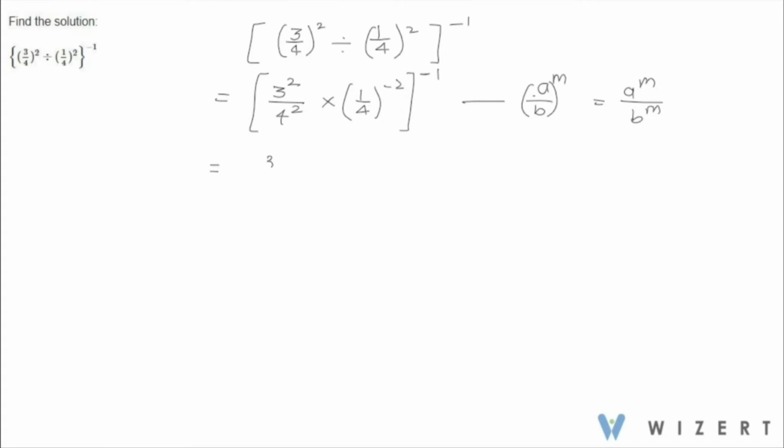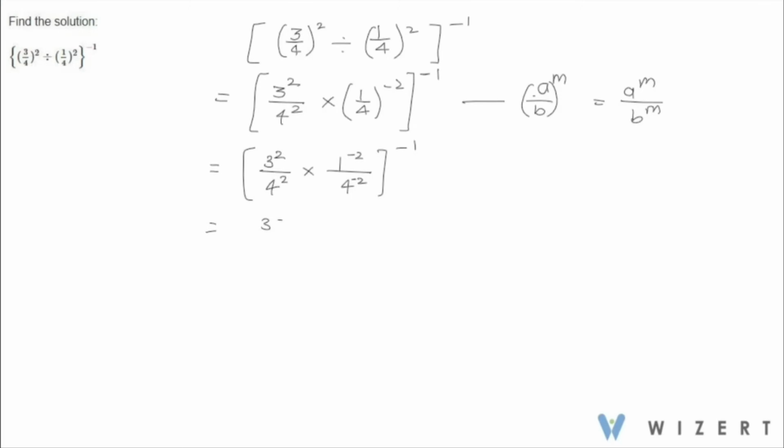So 3^2 divided by 4^2 multiplied by 1^-2 divided by 4^-2. Now since they are minus 2, we can simply write it as 4 to the power, okay, let me write it here, minus 1.